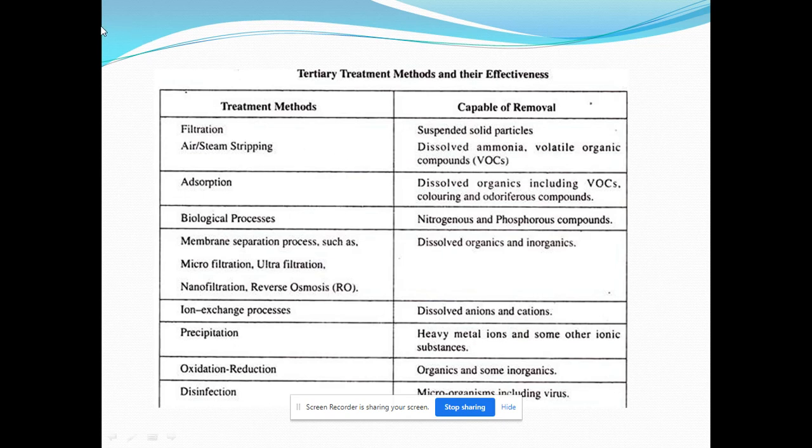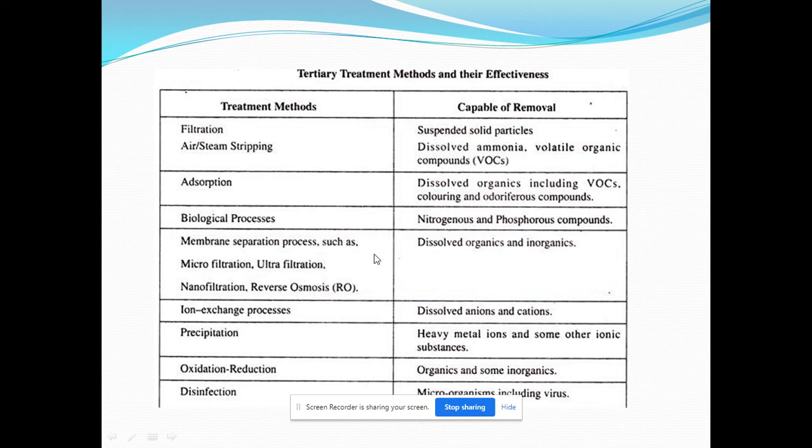So, filtration is done to remove suspended solid particles. Adsorption is done to remove dissolved organics, including VOCs, coloring, and odoriferous smelly compounds. Biological processes are done to remove nitrogenous and phosphorus compounds.